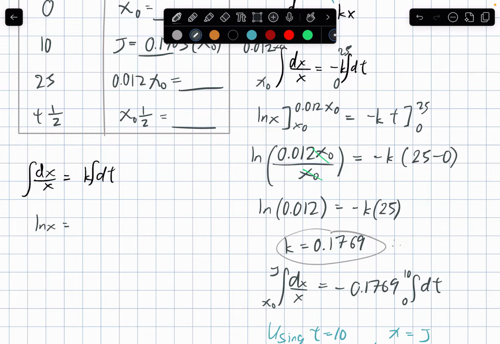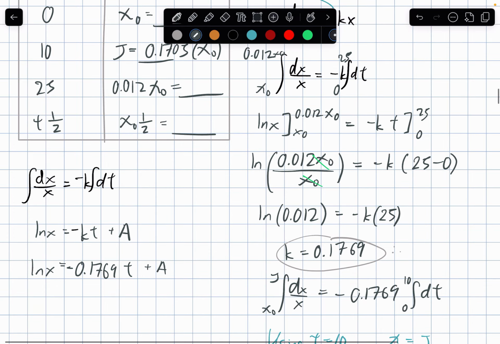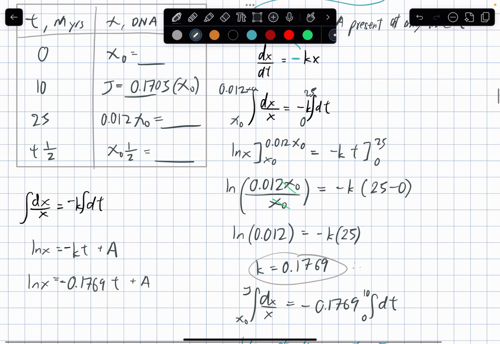So we're gonna solve this as an indefinite integral. We know the value of k, which is the deterioration. So negative, don't forget the negative sign.